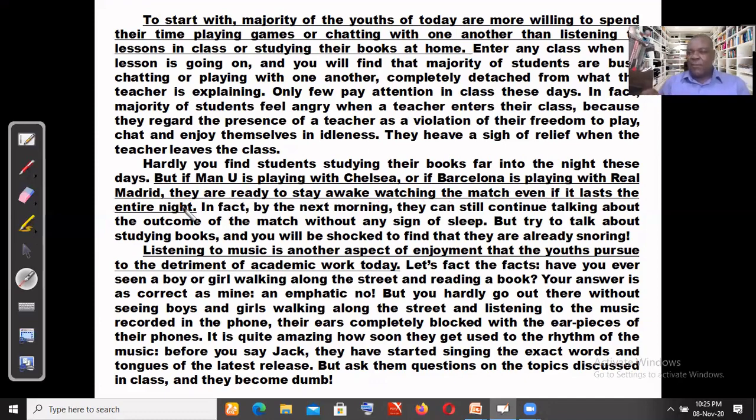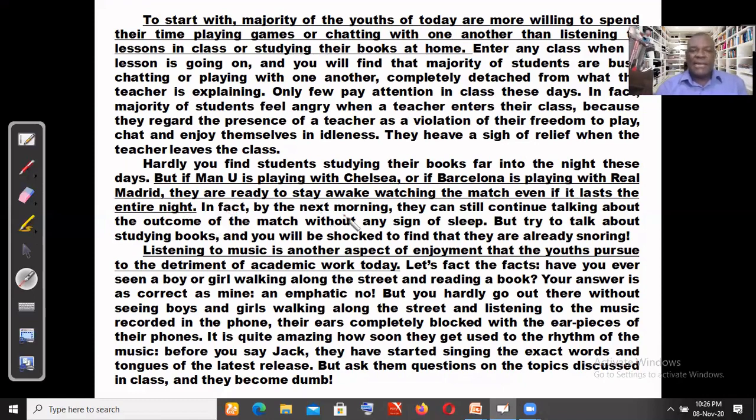And our second point in our outline is watching football matches. You know, we want to compare the kind of interest, the kind of attention they pay to watching matches with the kind of attention they pay to studying their books or listening to lessons in class.